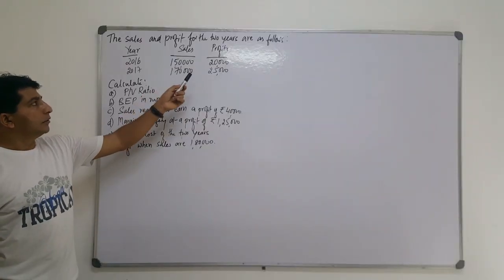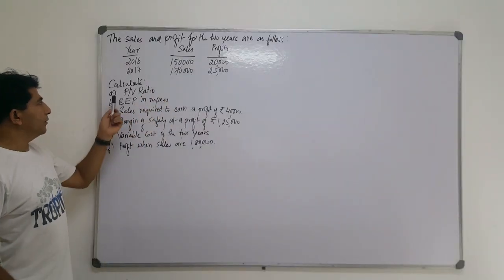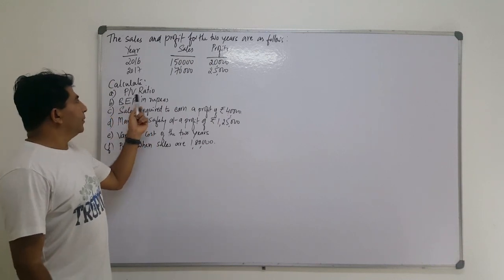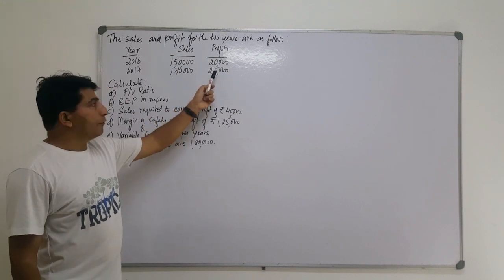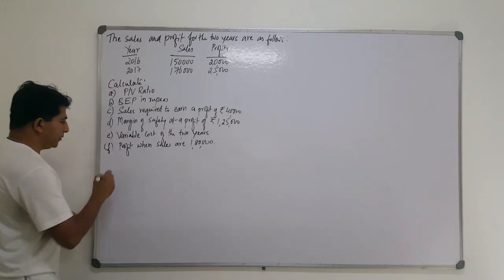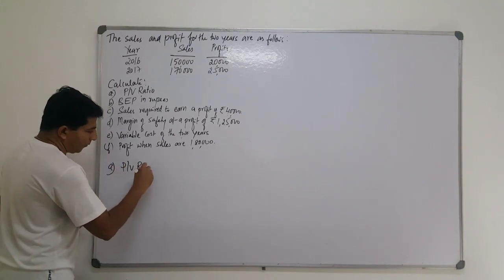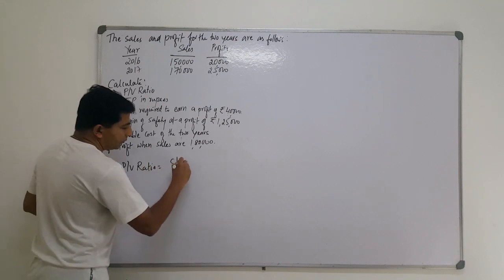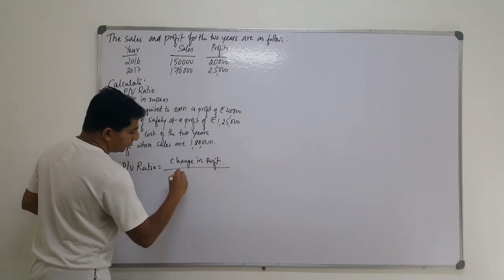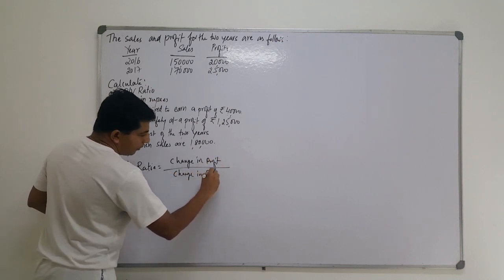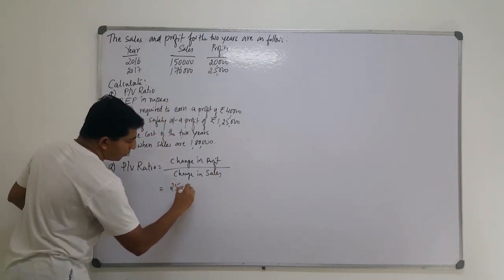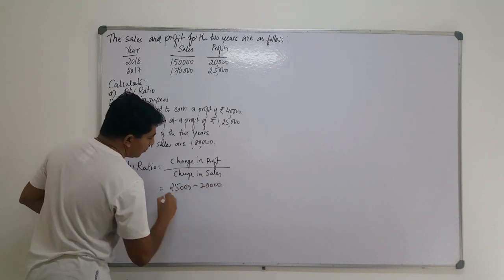In this question, the profits and sales of 2 years are given, and the question is asked to calculate PV ratio. So we can calculate PV ratio by comparing 2 years profits with sales of 2 years. See, the formula for the calculation of PV ratio is PV ratio is equal to change in profit divided by change in sales. See, profits of 2 years, 25,000 minus 20,000.